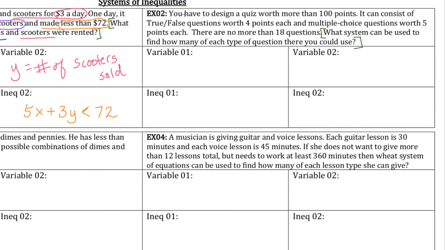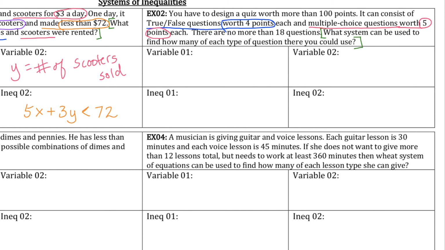So let's see, true false questions, and then we'll do multiple choice questions. The true false were worth 4 points, and the multiple choice were worth 5 points.